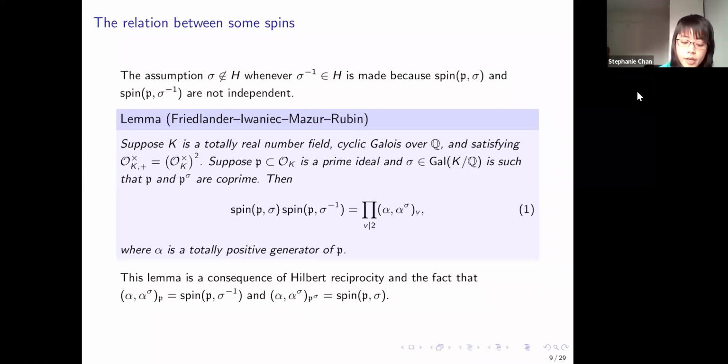In the original paper of Friedlander, Iwaniec, Mazur and Rubin, they showed that if you multiply these two spins together, then you get the Hilbert symbol (alpha, alpha sigma) taken over all places dividing 2.